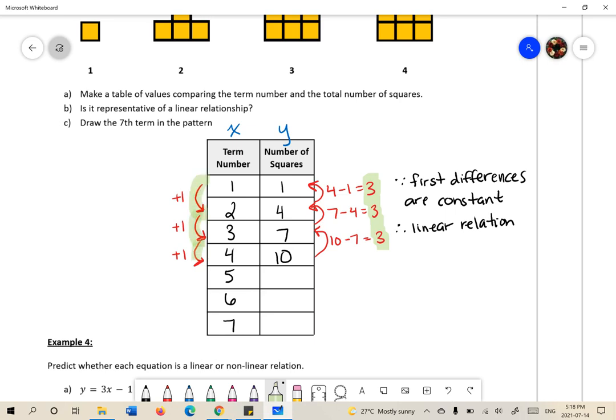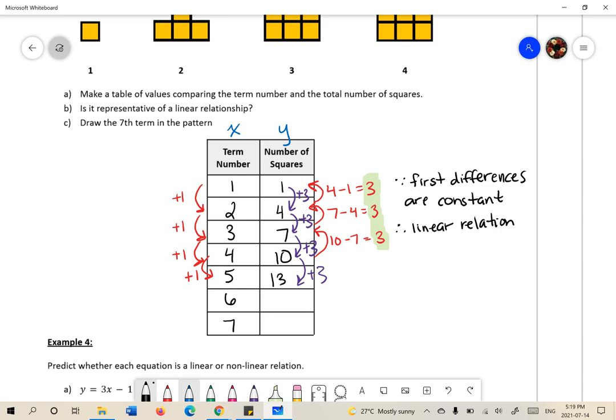So every time my x increases by 1, my y values are increasing by 3. So x increases by 1, y increases by 3. X increases by 1, y increases by 3. X increases by 1, y increases by 3. So 10 plus 3 is 13.